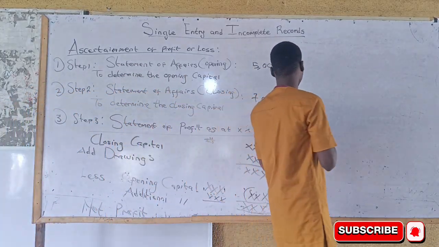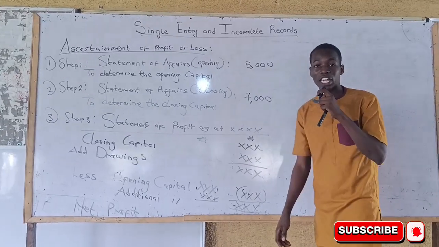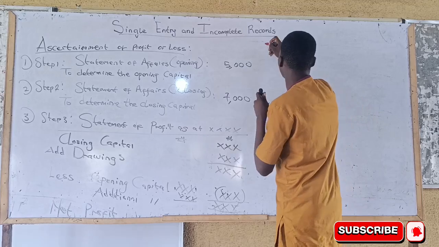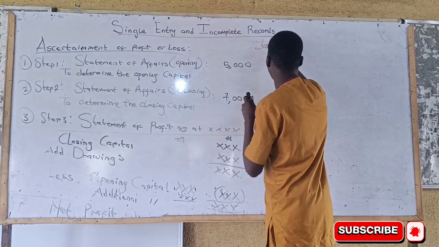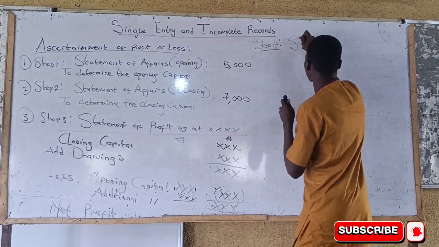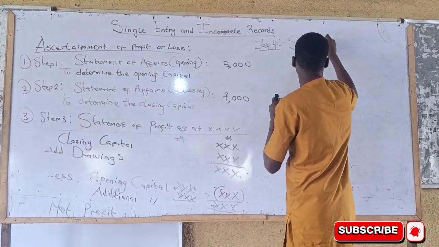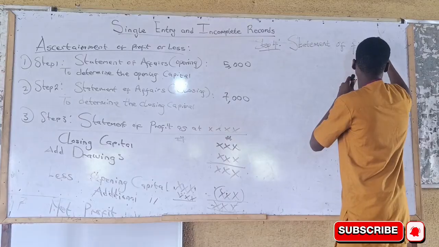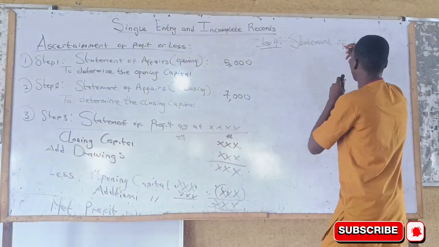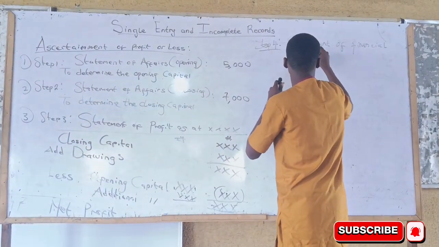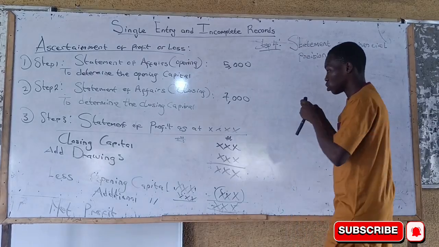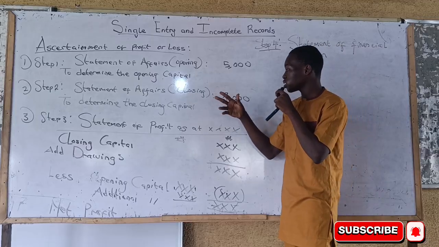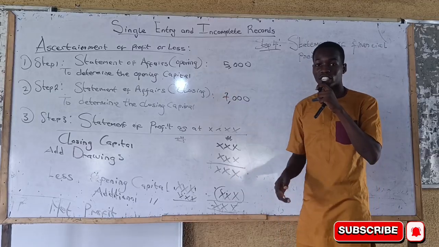Another step there is that we may be asked to prepare the statement of financial position. So that's the last step here. Step 4, statement of financial position. Now the statement of financial position is similar to your closing statement of affairs.